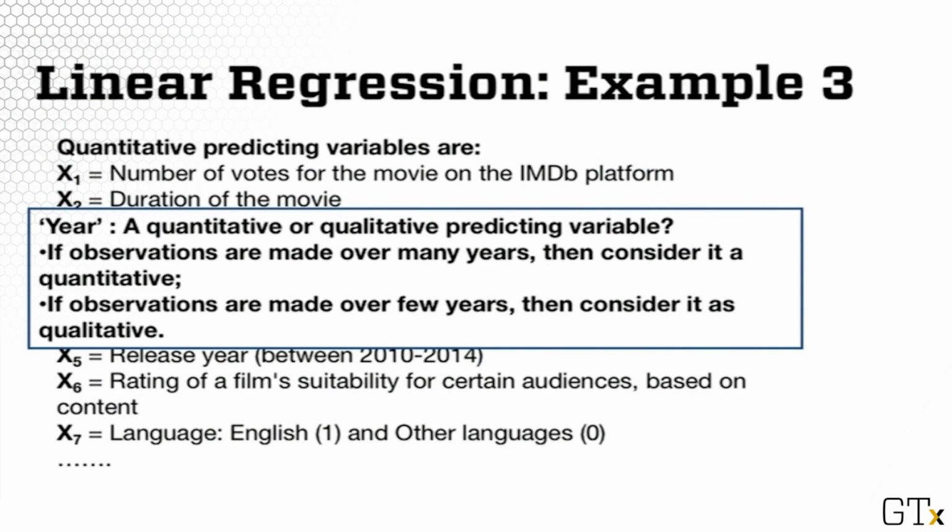If the observations are made over many years, then we can consider it a quantitative variable. Generally, we can transform a quantitative variable into a categorical variable, particularly when we see that there are nonlinear relationships of that predictive variable with respect to the response.